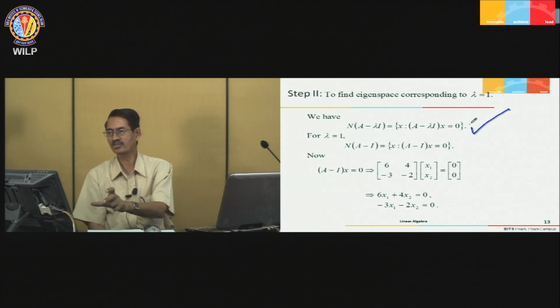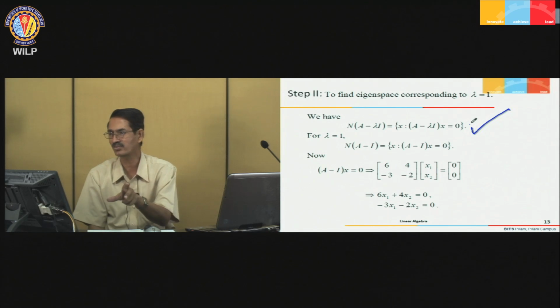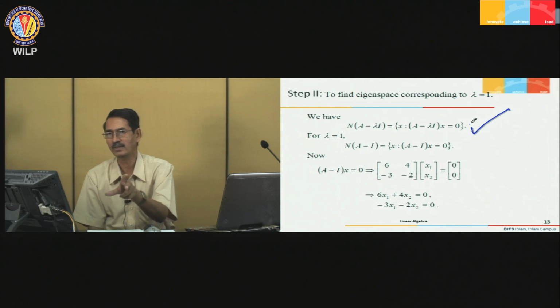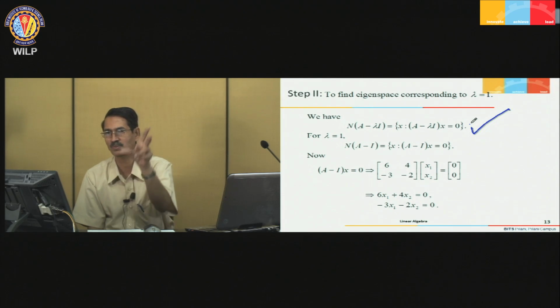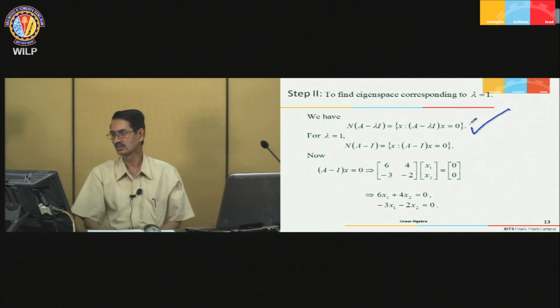So, the set of all solutions of (A minus lambda I) x is equal to 0 is called null space of A minus lambda I, and null space of A minus lambda I is called eigenspace of the matrix A corresponding to the eigenvalue lambda.